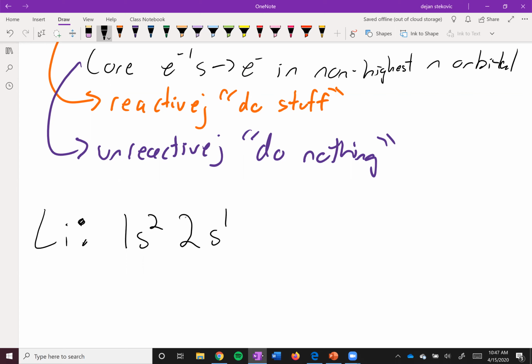So there's the electron configuration for lithium. Here we have n equals 1, here's n equals 2. So the highest n is 2, and you can tell there's 1 electron here. So this has 1 valence electron, and these are core electrons. We don't really count core electrons. So 1 valence electron for lithium.